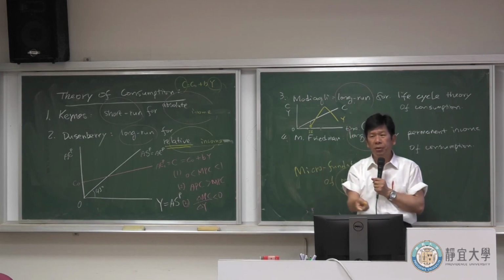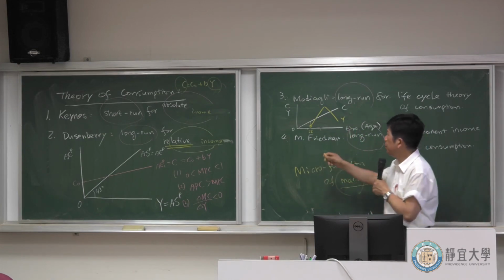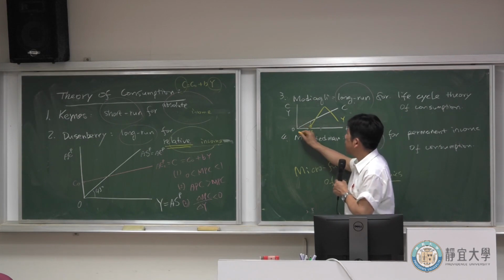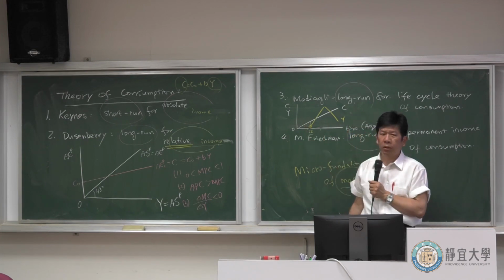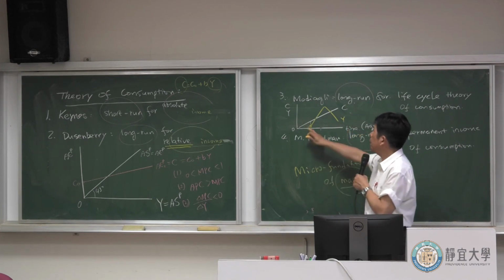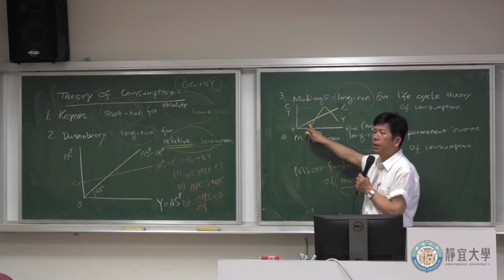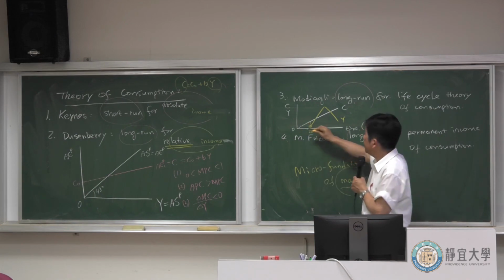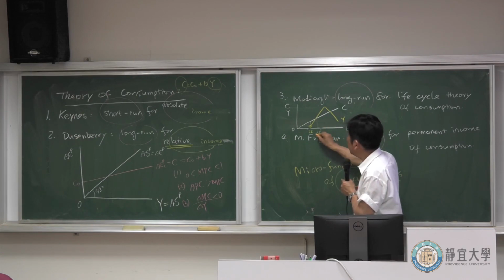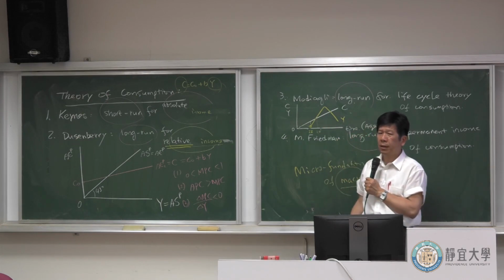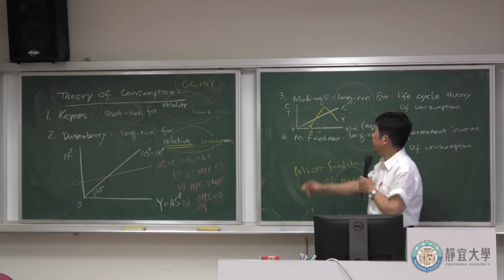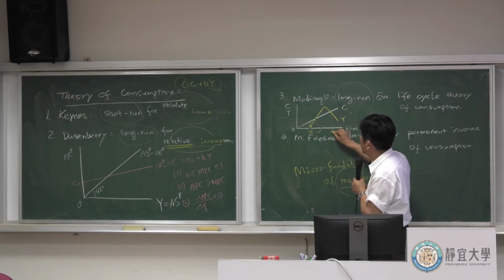But from when you were born until 22, you always found your consumption larger than your income. And for example, here represents 30 years old, and here represents 65.